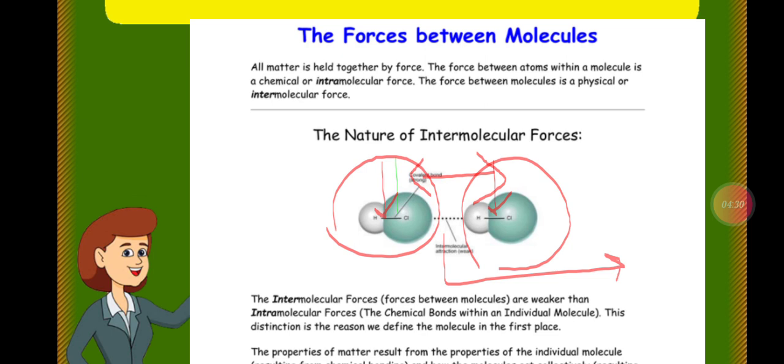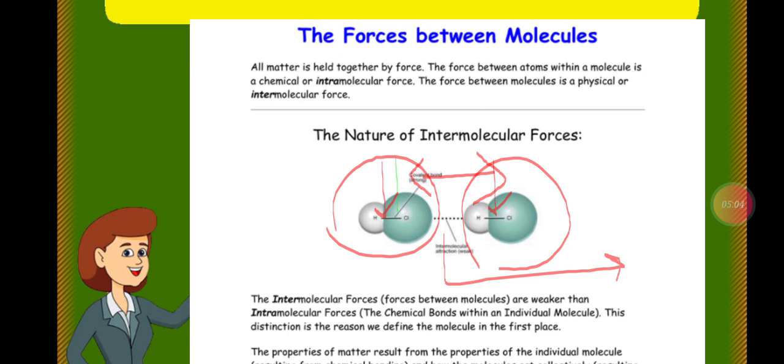Intermolecular forces are always weaker than intramolecular forces. It means that we cannot compare the strength of intermolecular forces with the strength of intramolecular forces or chemical bonds. Chemical bonds are much stronger as compared to simple intermolecular forces, because chemical bonds are formed by involvement of electrons, either in the form of loss or gain of electrons or sharing.